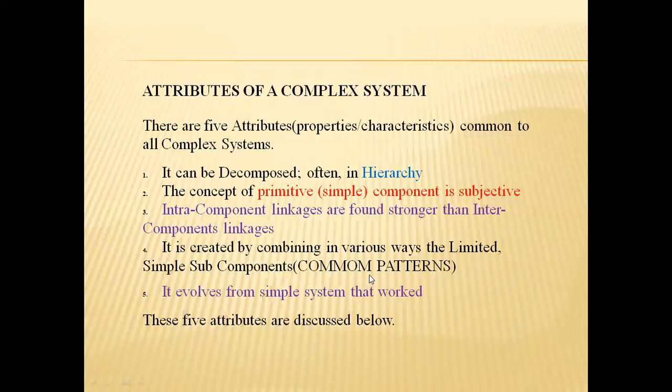Suppose in a library management system, every book has some title name, author, edition, and accession number. So every book has some common pattern. Suppose in a college, every student has common patterns: name, hall ticket number, branch, and class, that is third year or second year. So in every system, the components have common patterns.